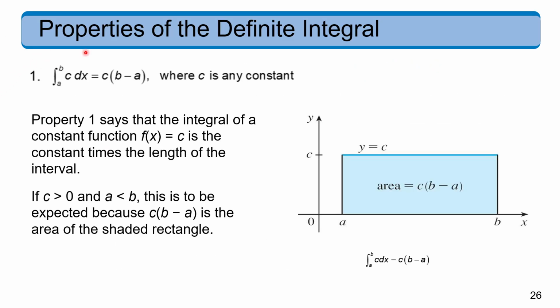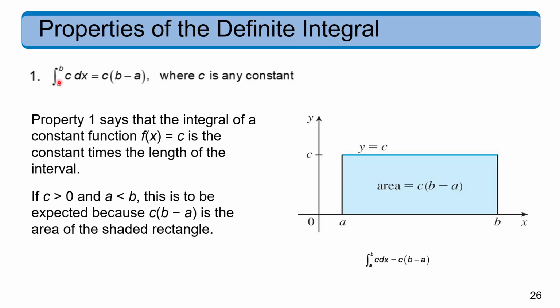So this is property 1 that we just saw, the integral of a constant function. And we're claiming this is how you could calculate the value of this definite integral. Before we give the argument, one way to interpret this statement is that the integral of a constant is just equal to that same constant multiplied by the length of the x interval.